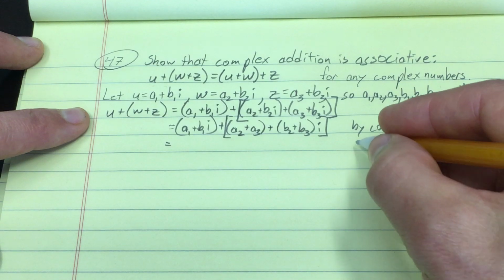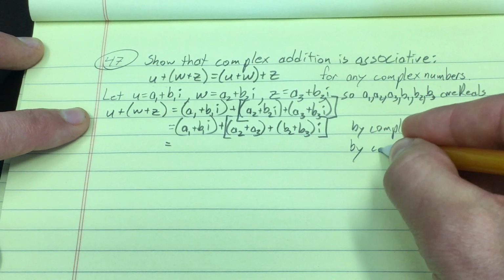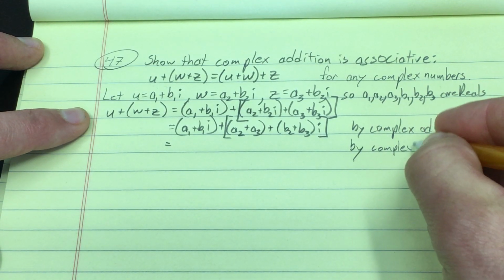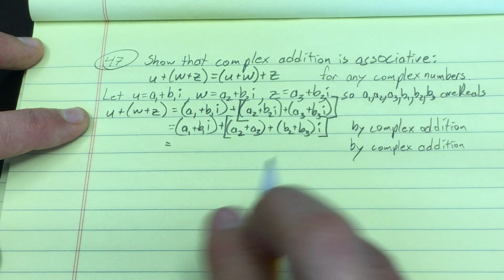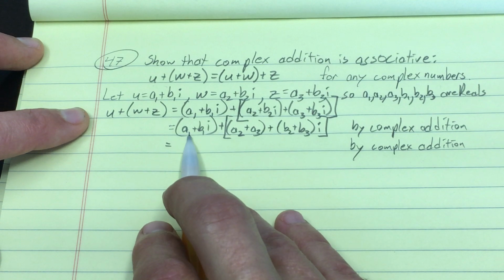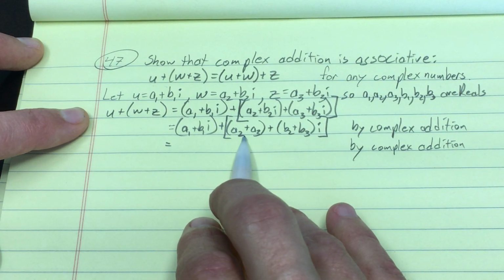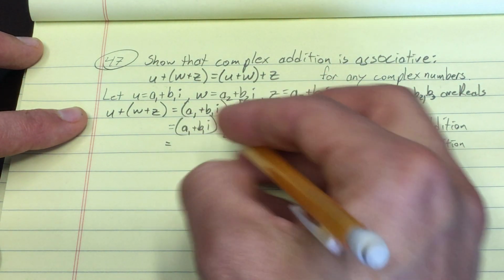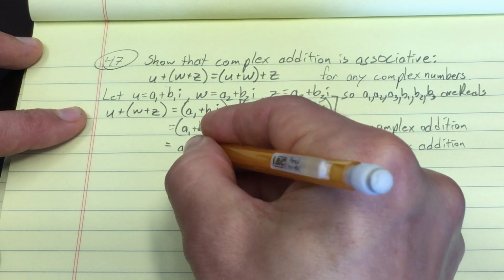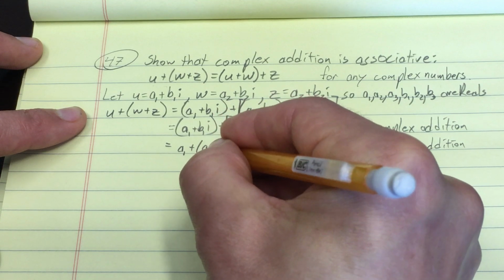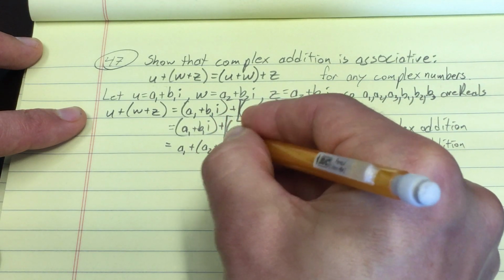Now I'm going to say by complex addition, I'm going to add the real part of this and the real part of that. So that says the real parts of these all combined is a1 plus the quantity a2 plus a3.